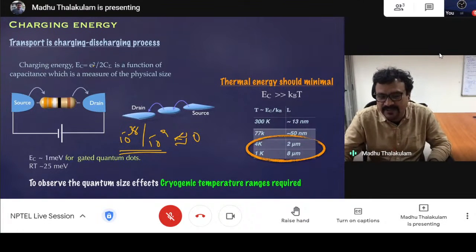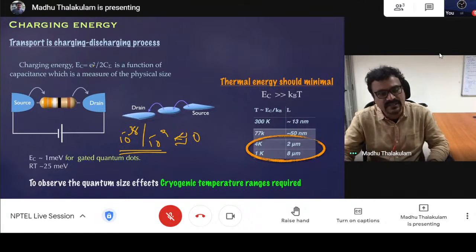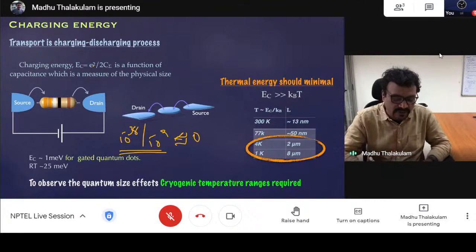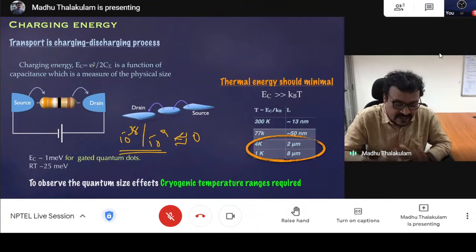So at any practically possible temperature, these electrons will shuttle back and forth through this device, and you don't require any extra effort to push these electrons on and off this device. This process is going to go on, and you will not really notice this charging energy.